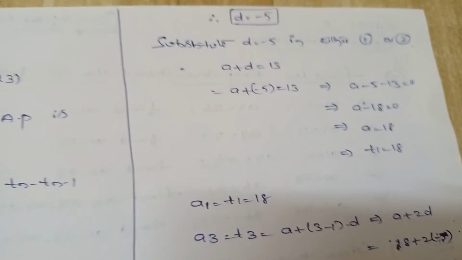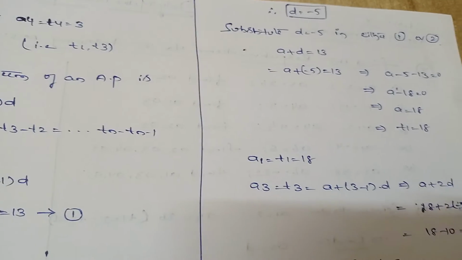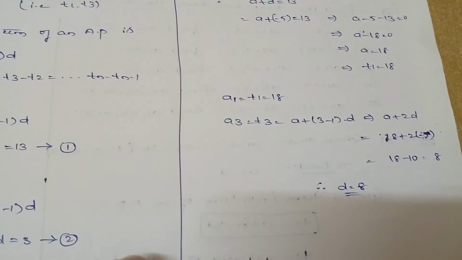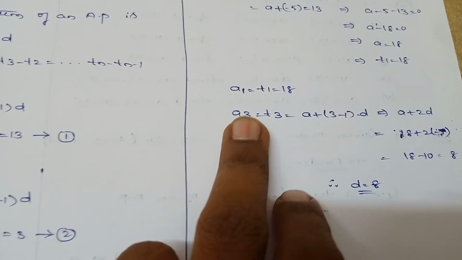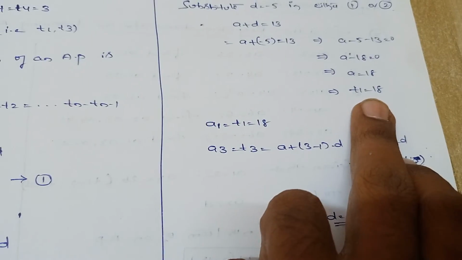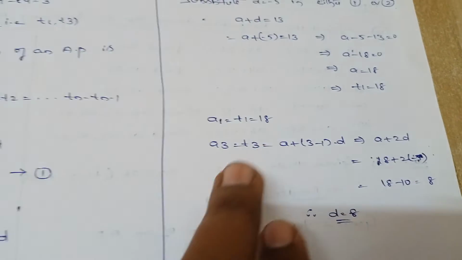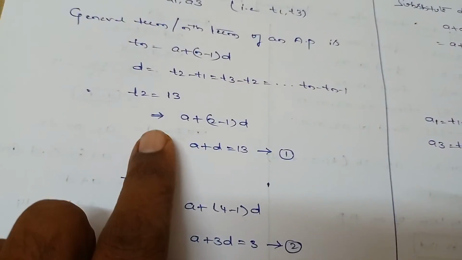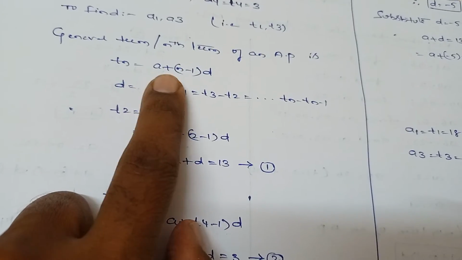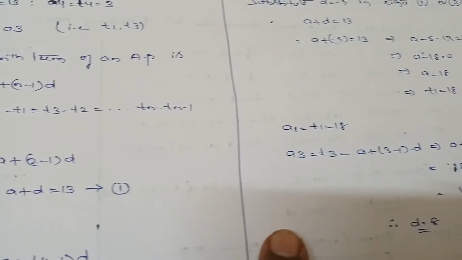So now we got A value and D value, right? So then you can find any term in the given series, guys. But they are asking to find the first term and the third term, right? First term is nothing but already we got, that is T1 equal to 18, right? So T3, how can we find T3? Again, use the same formula, Tn formula. Tn equal to A plus n minus 1 into D. So here n value is nothing but 3.